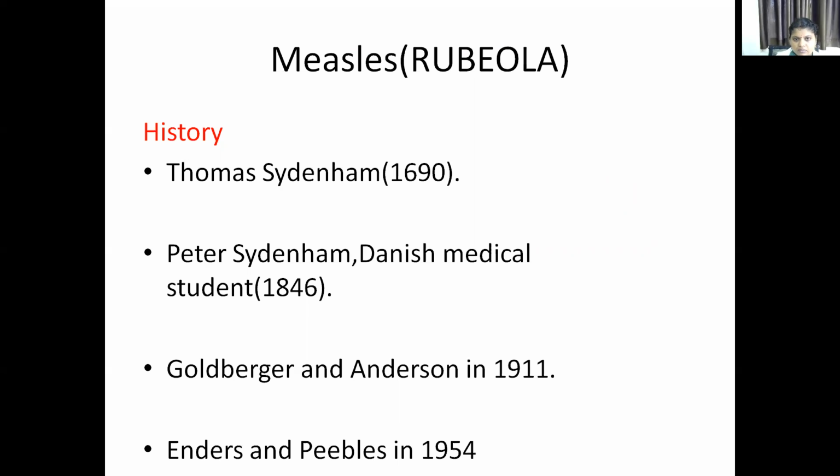If you see the history of this measles, measles was first described by Thomas Sydenham during the period of 1619. In earlier days, people were unable to distinguish between smallpox and measles.